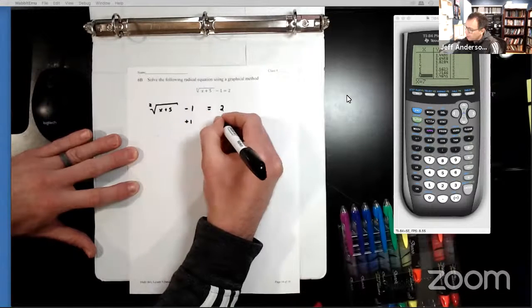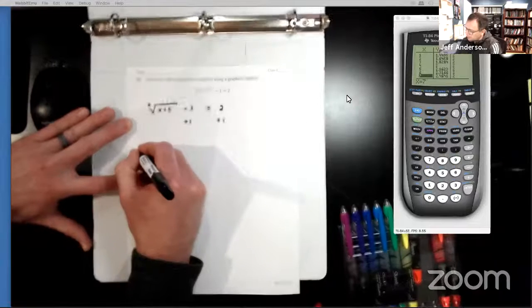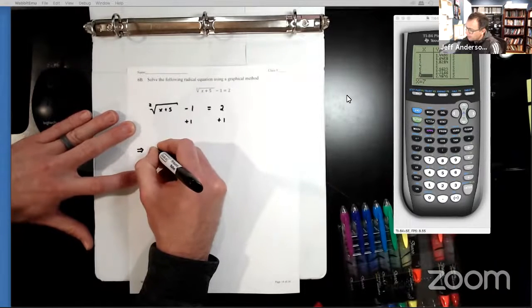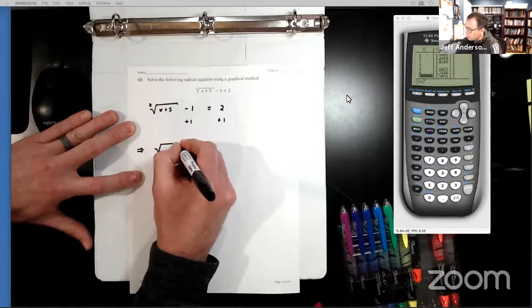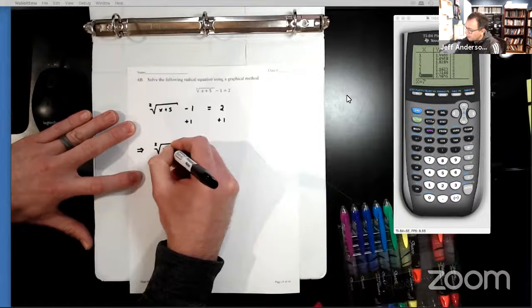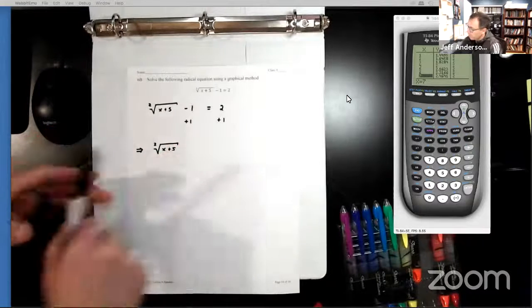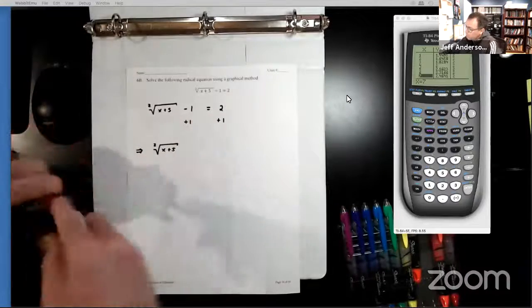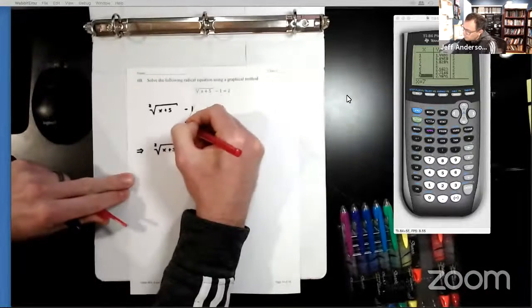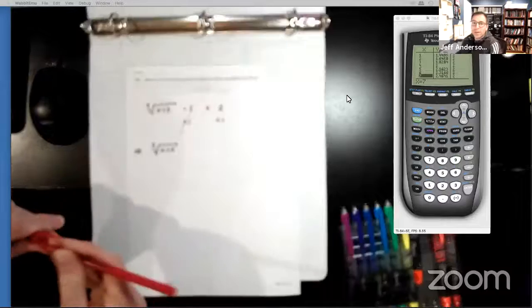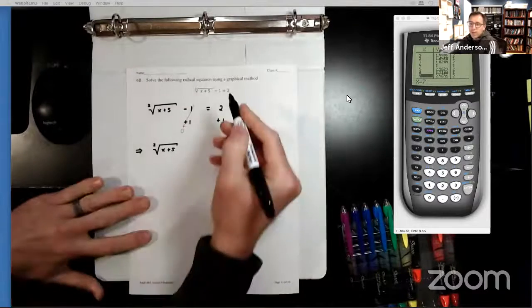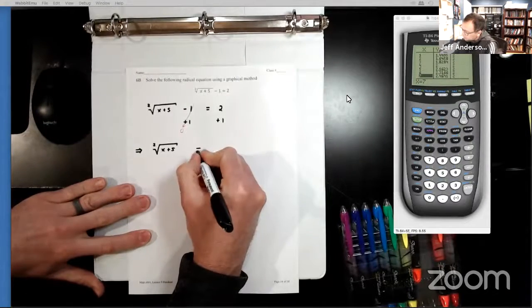So let's get 1 on this side, 1 on that side, and that means that the square root of x plus 5, well, we know that 1 minus 1 goes to 0. And then we know that 2 plus 1 is 3.